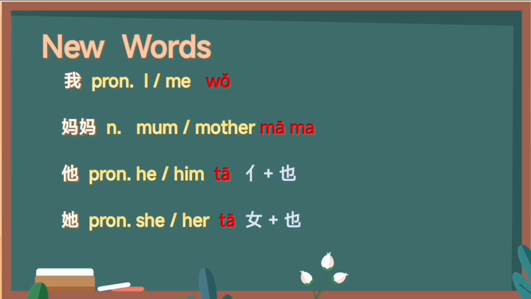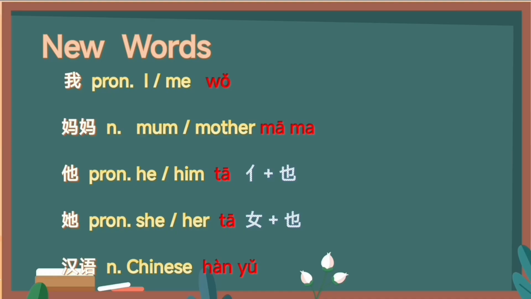Both male 他 and female 她 can be used as subjects as well as objects in the sentence. 汉语 Chinese or Mandarin.